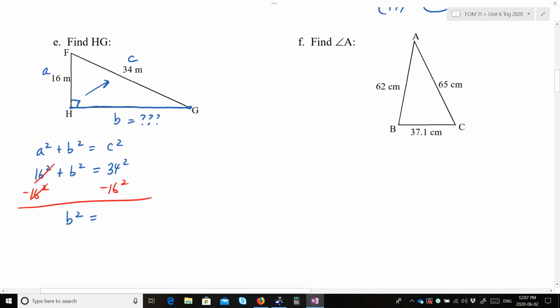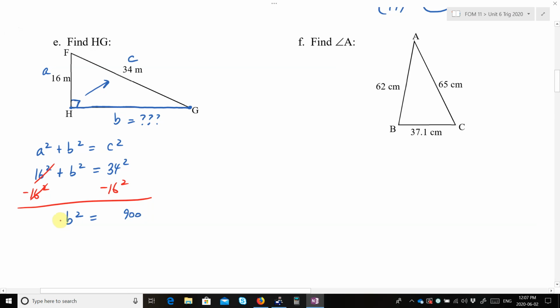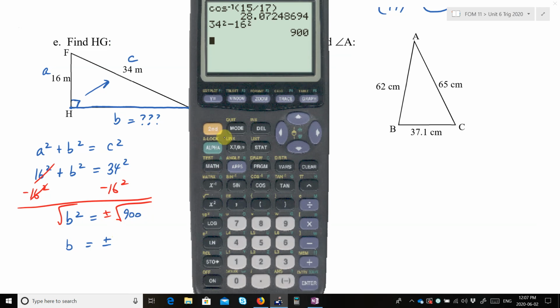Just want to give myself a little bit more space here. Get rid of squared, we have to square root both sides. Plus or minus could work. And b equals plus or minus the square root of 900. Second function x squared, second function negative.